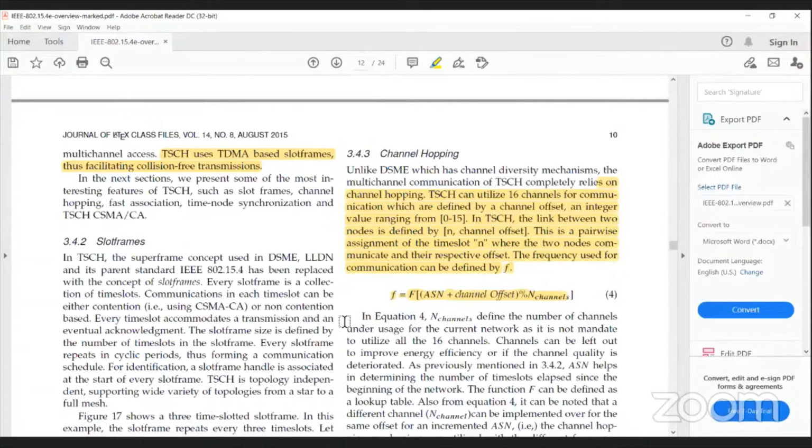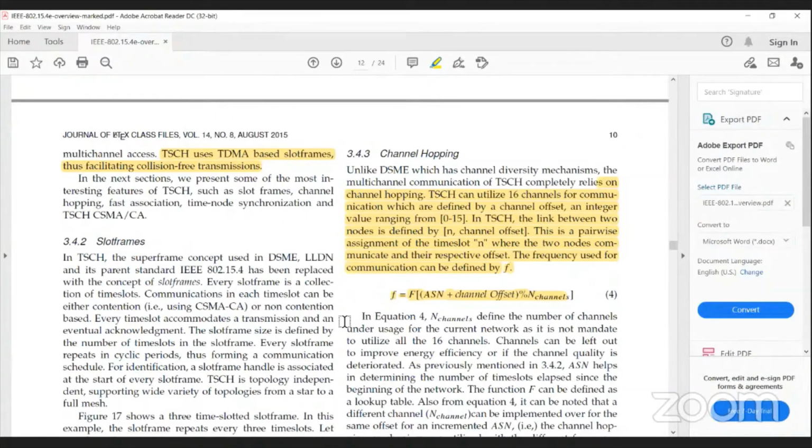Good afternoon all. This is Ipsita. So basically, channel hopping is one of the main characteristics of TSCH. There is a formula to determine the frequency at which each node will be transmitting its packets. The formula is basically F of (ASN plus channel offset) modulus n channels.